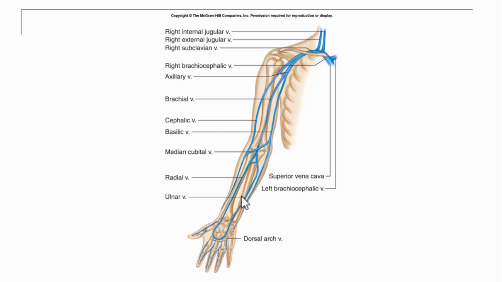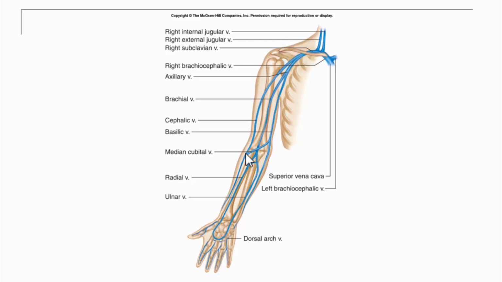Now, again, these are deeper. More superficial, we have the cephalic vein, and then medial to the arm here, we have the basilic vein. And then connecting the two from the basilic down to the cephalic vein, we have the median cubital vein.